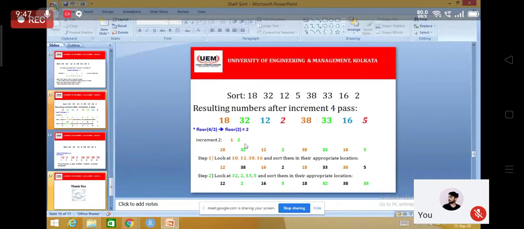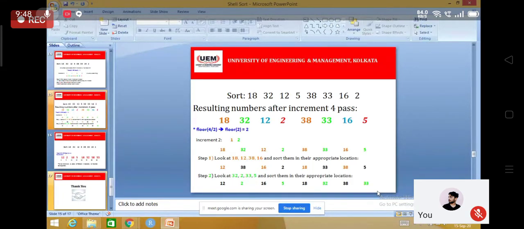So when you have selected the gap of 2, the set, you just sort them. Again, with the second set, 32, 2, 33 and 5, you need to sort them, and you will get this as your final list after this iteration with a gap of 2.